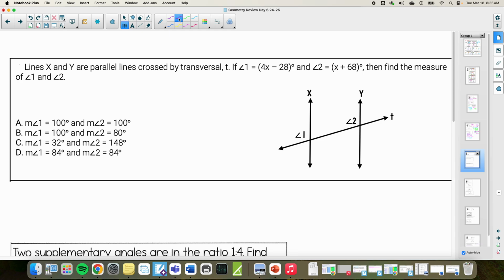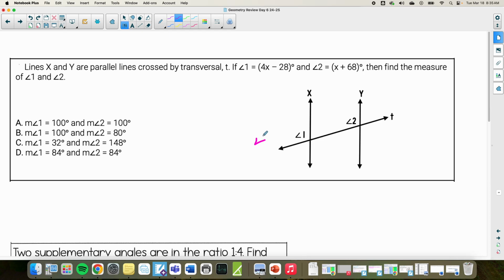All right, let's look here. In this one, it says that angle 1 is 4x minus 28, okay? And angle 2 right here is x plus 68. What kind of angles are those two? Corresponding. And we talked about today, corresponding angles are equal. So first I'm gonna just set these equal.